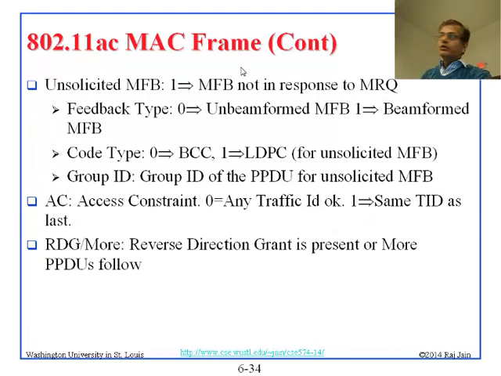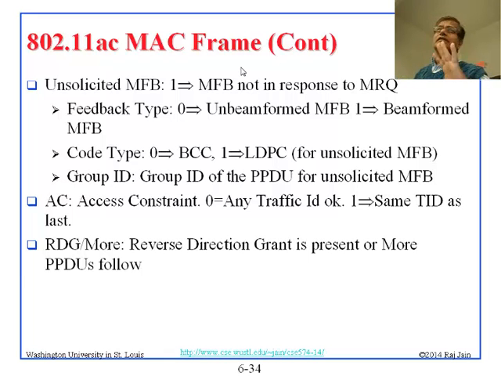And then I have to tell you that this is a feedback type for unbeamformed or beamformed feedback, and which kind of coding it is for, LDPC or BCC, there are 2 kinds of coding, and group ID is basically the group ID of the PPDU, the block number of the PPDU that the feedback is about.